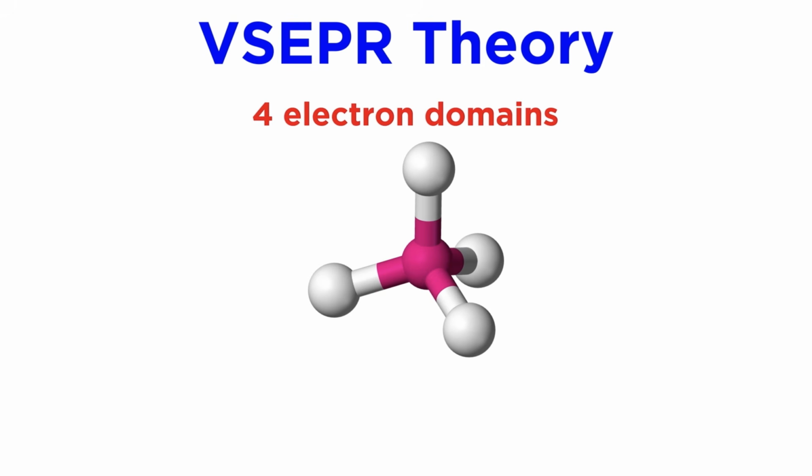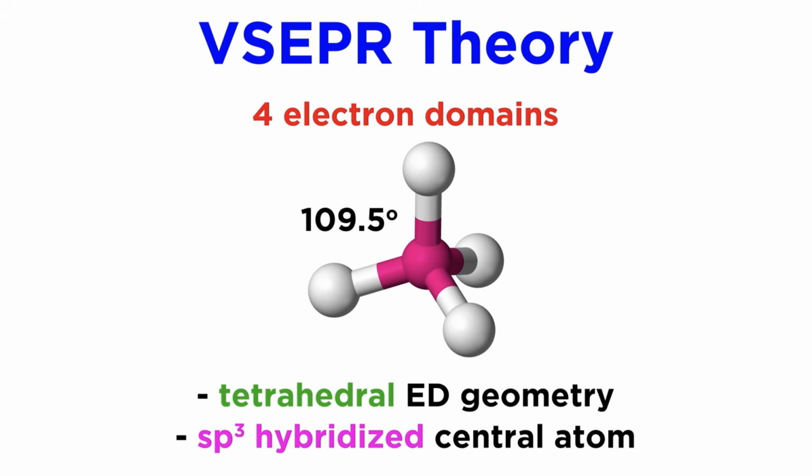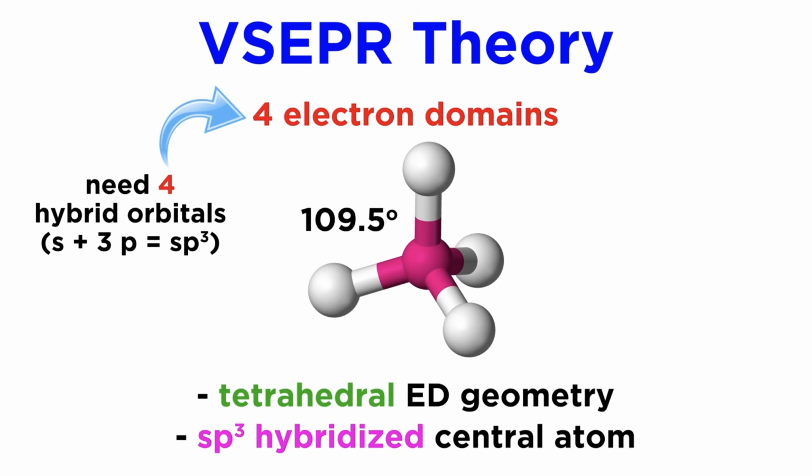With 4 electron domains, we must begin to utilize a third spatial dimension, so it won't be 90-degree bond angles. If 4 domains adopt a tetrahedral geometry, there will be 109.5-degree bond angles, which is substantially larger than 90. Here, the central atom is sp3 hybridized, using all the s and p orbitals in its valence shell to form the necessary hybrid orbitals.